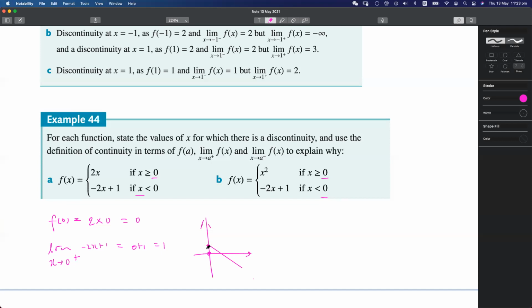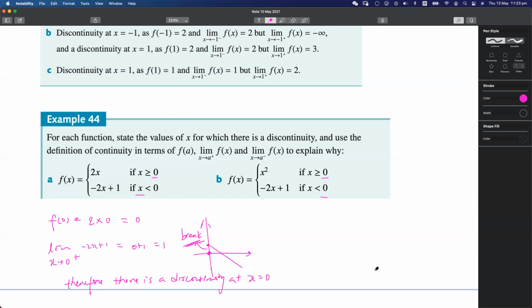And there's a break. So you can just state this conclusion: therefore, there is a discontinuity at x is equal to 0.